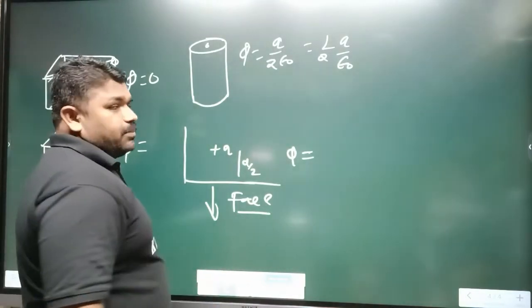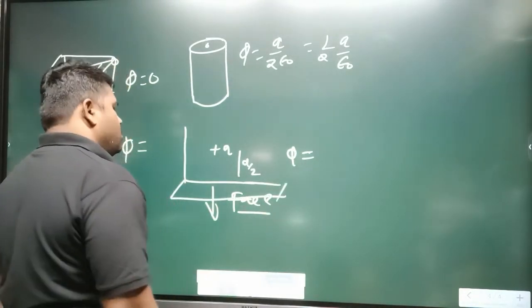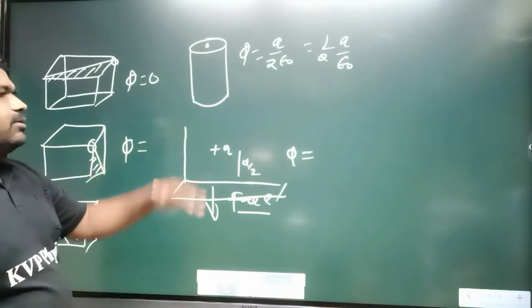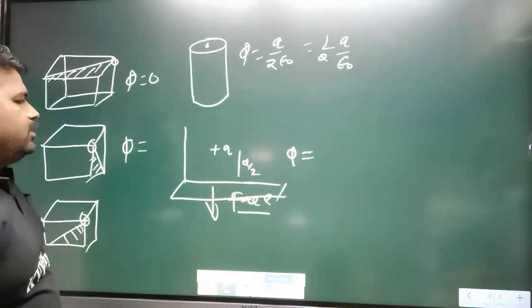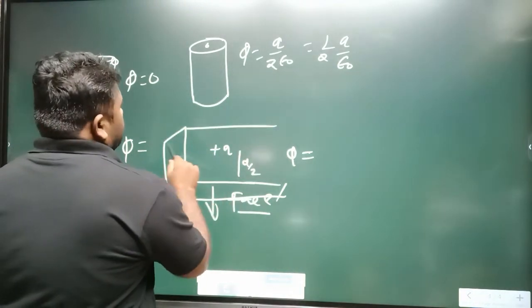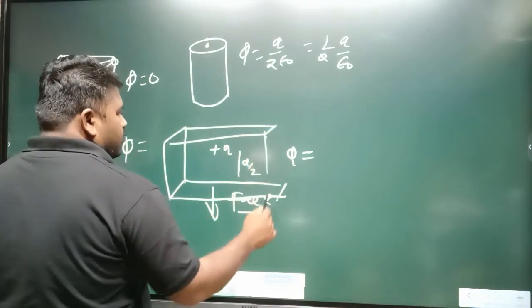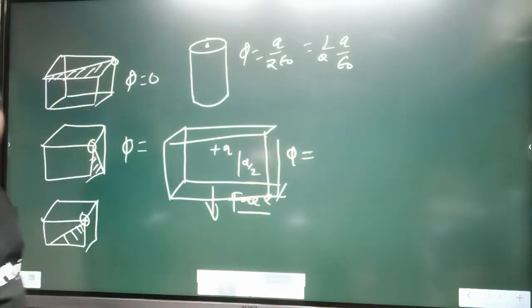This one is one surface. Yes, sir. How many surfaces do we require to close this charge? Yes. 1, 2, 3, 4, 5, and back 6. Total how many surfaces do we need?